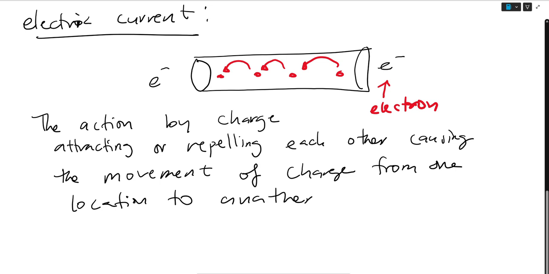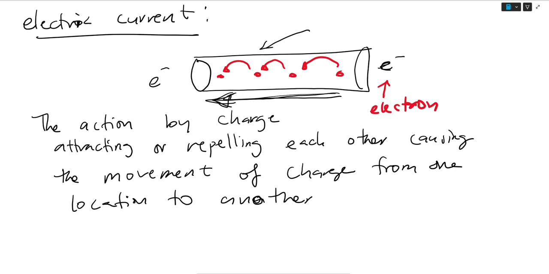So just the movement of this electron, right? So anything that causes this electron, we don't know what that thing is yet, but just the movement of this electron in a wire or a space or a medium, that is defined as electric current.